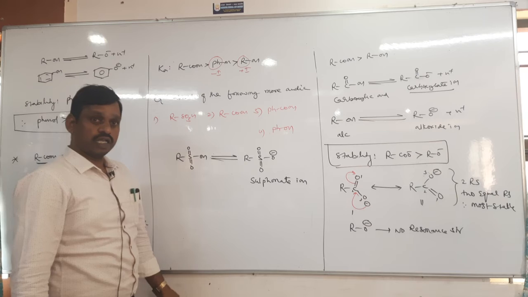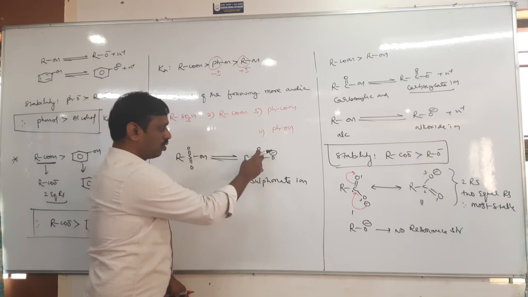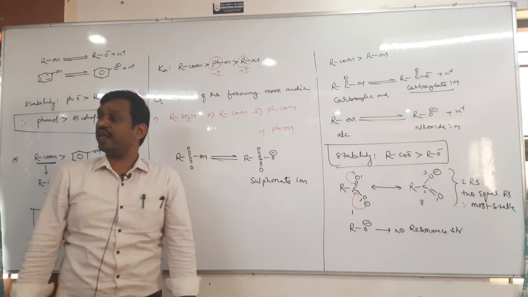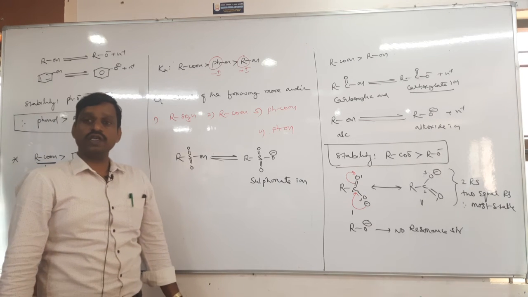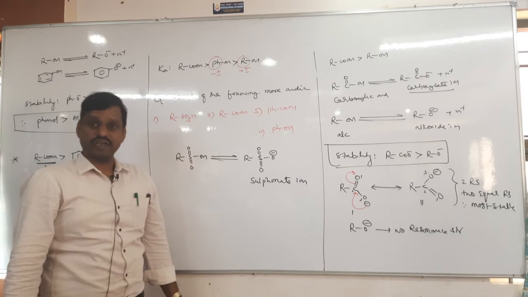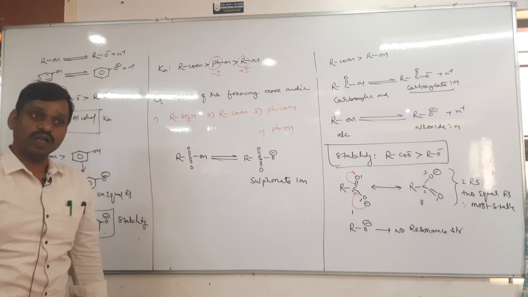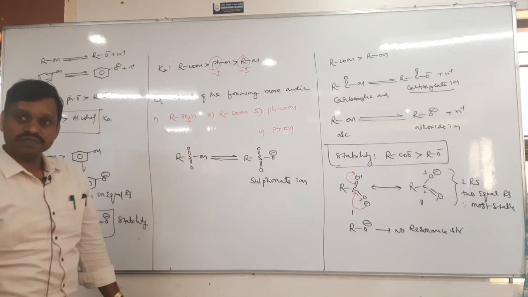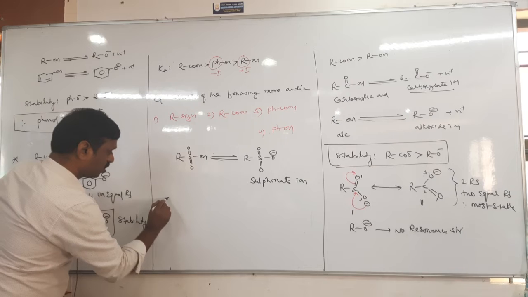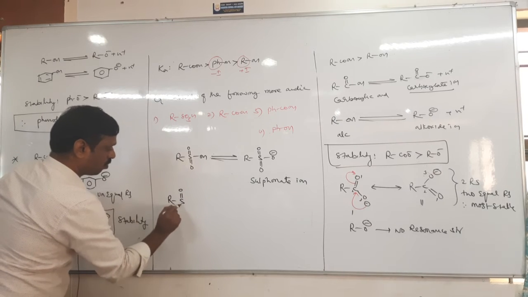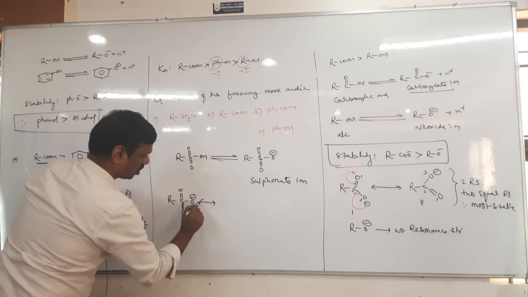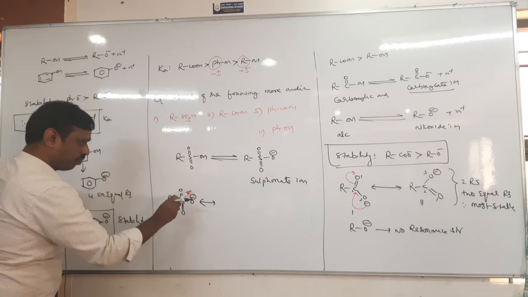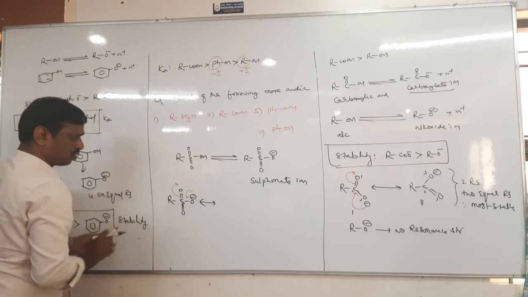So how many resonating positions? 1, 2, 3. There are 3 resonating positions, right? It forms 3 resonating structures. Whether equal or unequal, it forms equal ones. Let us take R, S double bond O, O minus. This is one resonating structure. Next you make it here.